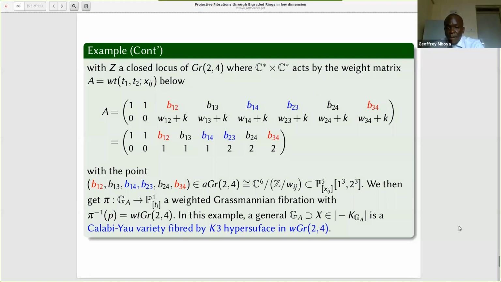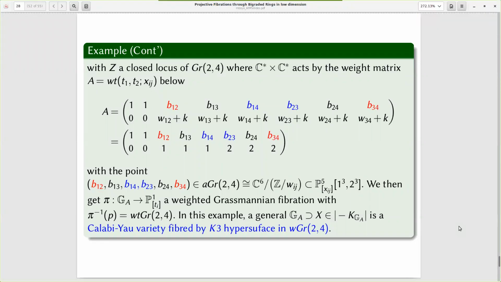This will give us a fibration which has weighted Grassmannians as the fibers, and a general fiber here is going to be just hypersurfaces. So in this case, if I take a general element in the anticanonical class, then this will be a Calabi-Yau variety fibered over K3 hypersurfaces.